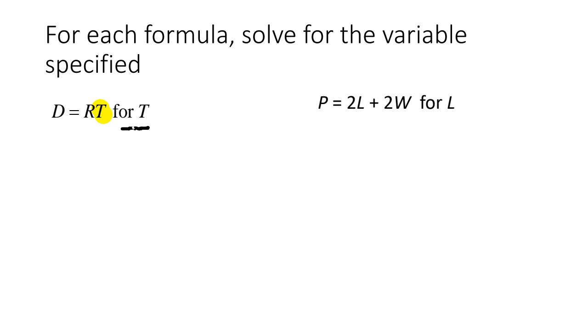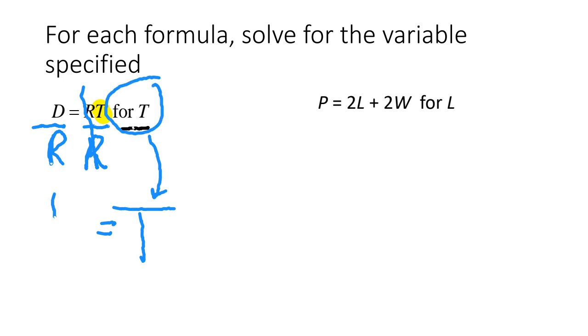Well, this one happened to be multiplication again. So what I'm going to do is divide both sides by the capital R. These R's are going to cancel out, which means that to find T, which is what I have all by itself, it is the fraction D divided by R.